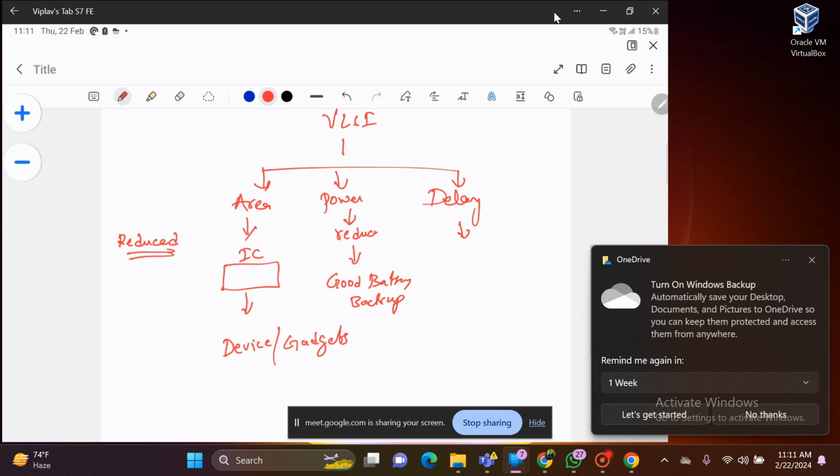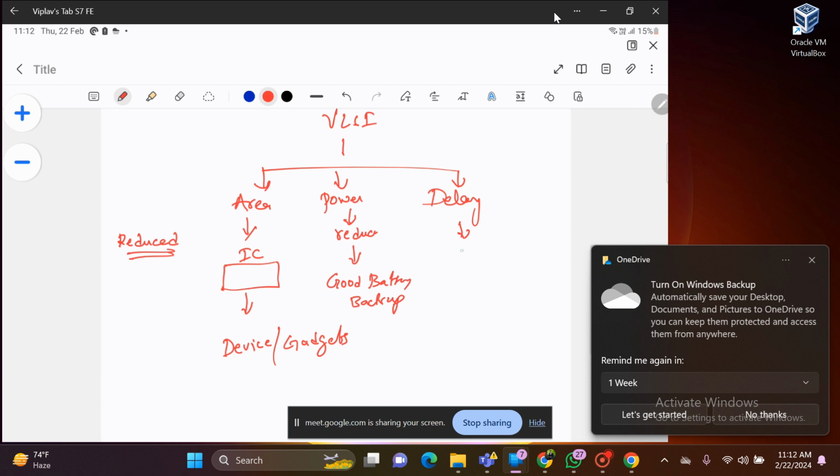Then next comes delay. Suppose I click on an icon on my laptop or phone, but it opens after half an hour. What is the use of that? No one will buy a lagging device. So delay should be reduced.